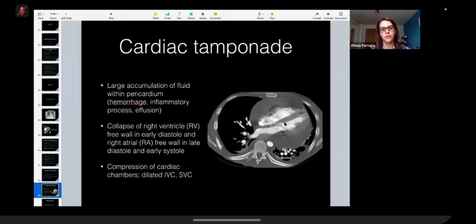And there's severe compression of the cardiac chambers, together with a dilated IVC and SVC. So this is a very compressive picture, compressing the cardiac chambers.